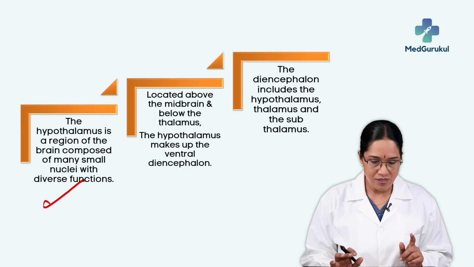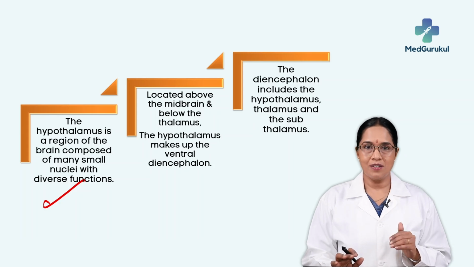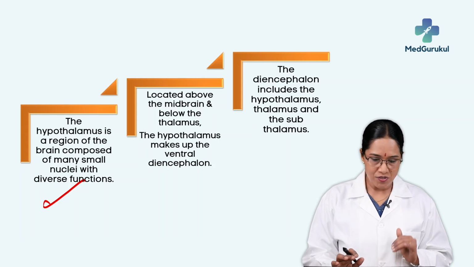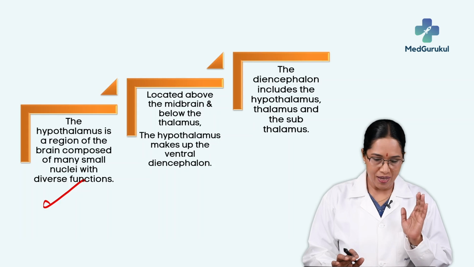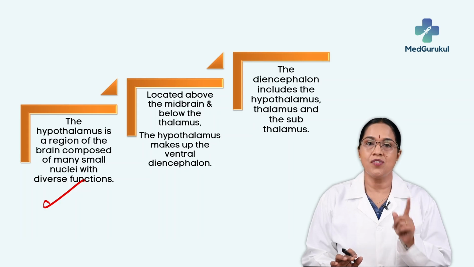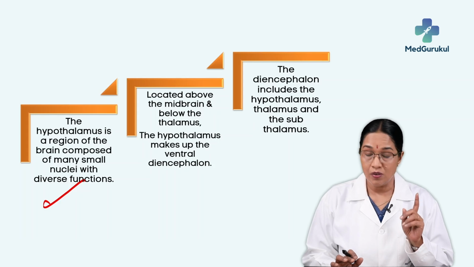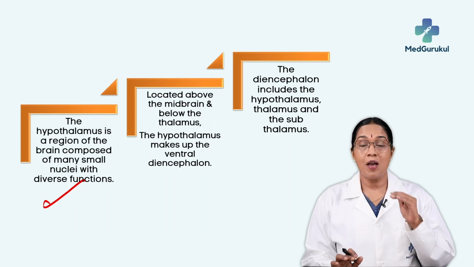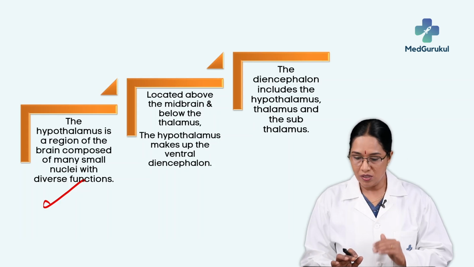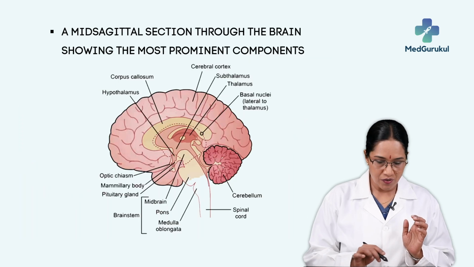And it is located above the midbrain, below the thalamus, and the hypothalamus makes up the ventral diencephalon. So, you need to keep in mind the location. It is located above the midbrain, below the thalamus. Look at this figure.